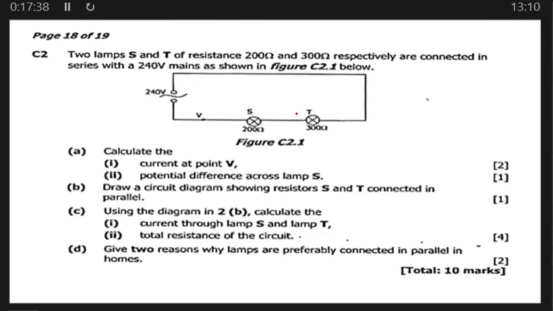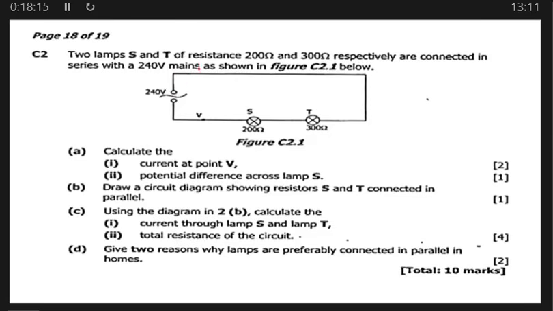So we have resistor S with 200 ohms and resistor T with 300 ohms connected in series, meaning they are connected one after the other. Then after being connected one after the other, they are also connected to the voltage supply of 240 volts, and that symbol means this is connected to the AC supply, the one they are calling mains.